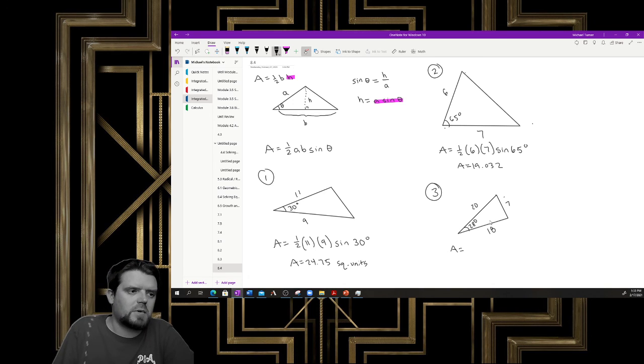So in this case, if I'm given 28 degrees, then I'm using 20 and 18 because they make up the sides. So this is 1/2 times 20 times 18 times sine of 28 degrees.